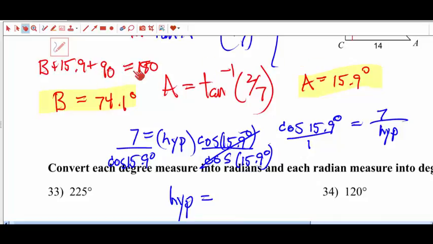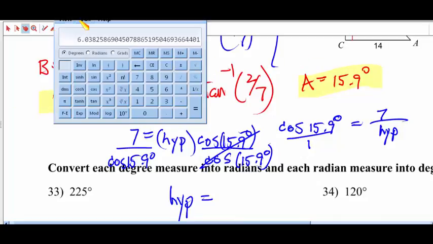So let me do this. This is why I don't like the Windows calculator. I'm going to use parentheses this time. 7 divided by, and then in parentheses, I'm going to put 15.9 cosine, close parenthesis. And where's the close parenthesis?